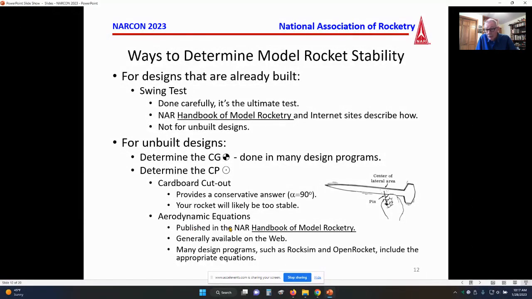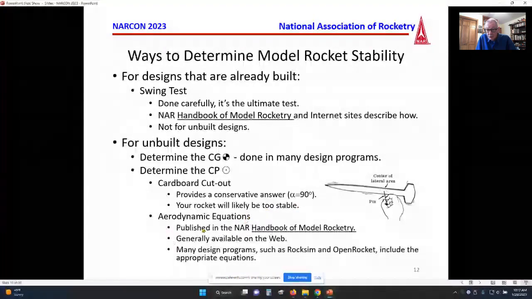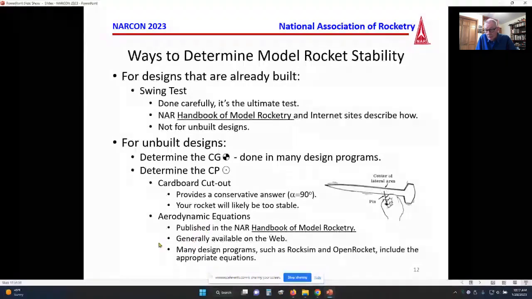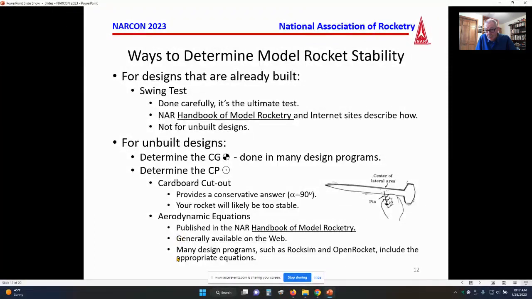TIR 33 is the number for that. There's also a TIR 30 by Centuri, which explains a lot of what I'm talking about as far as stability with rockets today, and that is generally available on the web also.